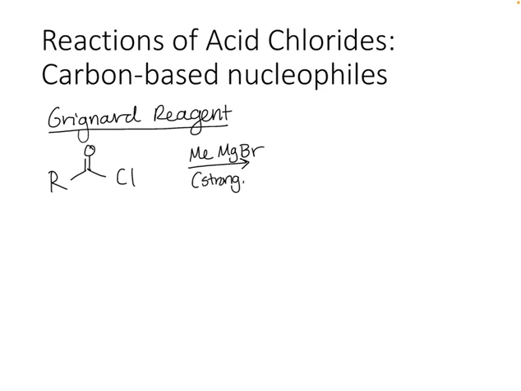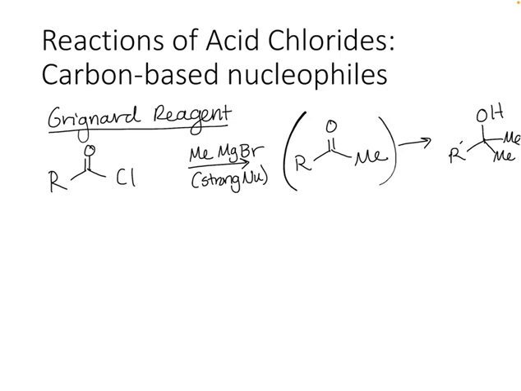Now this is a strong nucleophile, so even though initially we would just add one methyl group, we are going to go all the way to our alcohol at the end. And again, that's because the Grignard reagent is so strong. So this intermediate here is hard to isolate. So we unfortunately can't produce a ketone from a Grignard reagent and an acid halide.